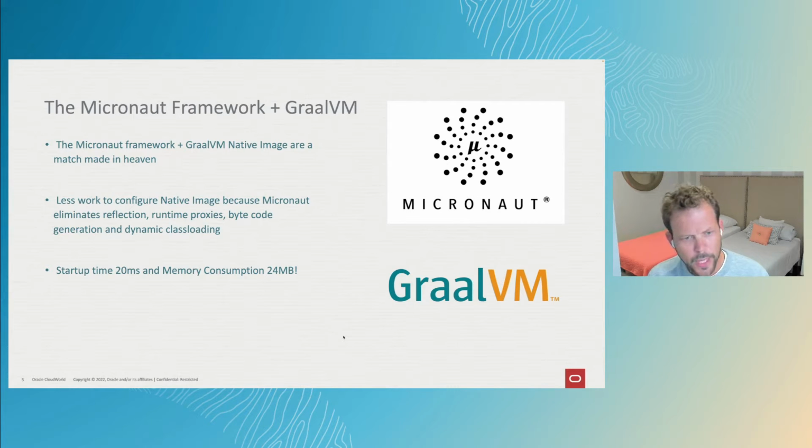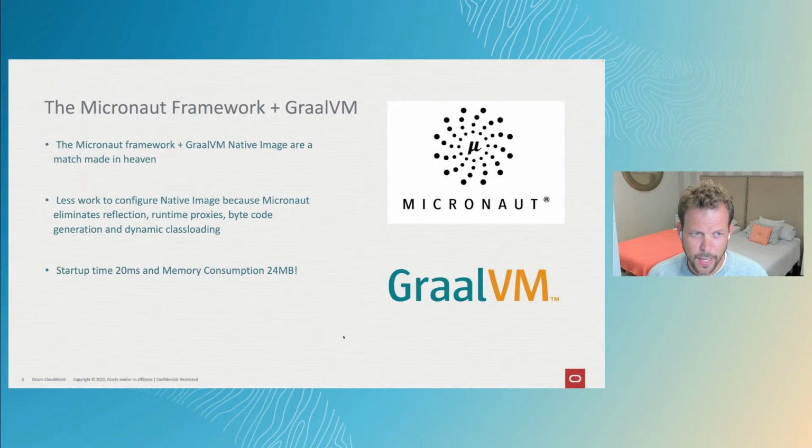However, they require configuration ahead of time. And since Micronaut doesn't do any of these things, it allows GraalVM to perform the closed world static analysis that it's able to completely analyze in a closed world manner your application and compute a native executable without requiring actually much, if any, additional configuration for the application.